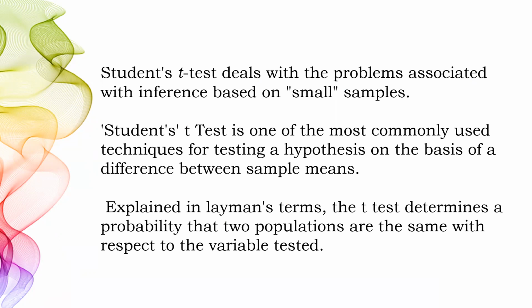Student's t-test is one of the most commonly used techniques for testing a hypothesis on the basis of a difference between sample means. Explained in layman's terms, the t-test determines a probability that the two populations are the same with respect to the variable tested.